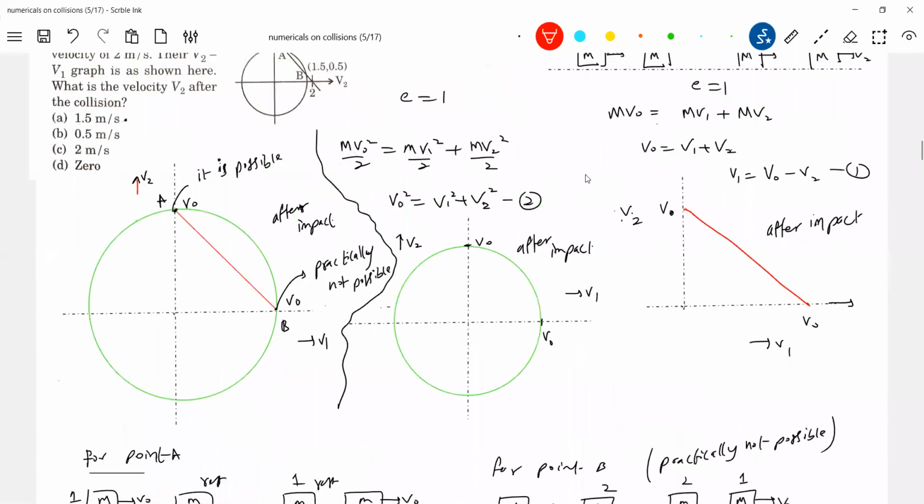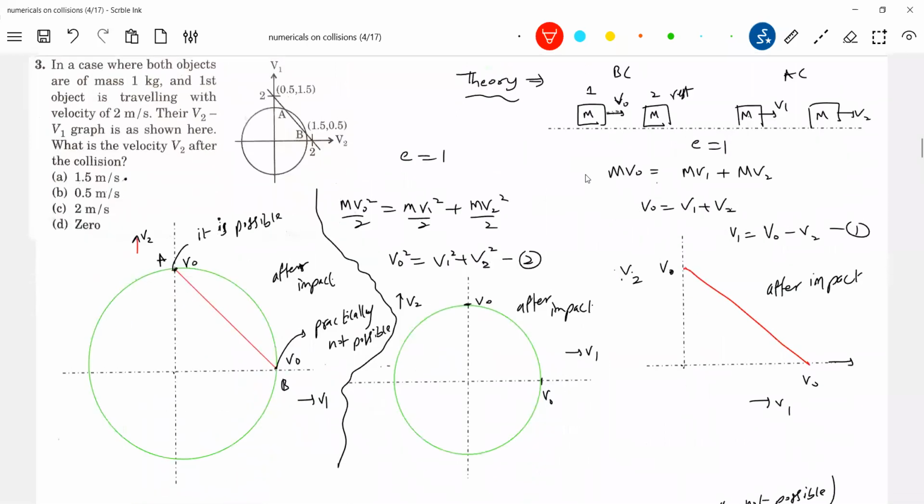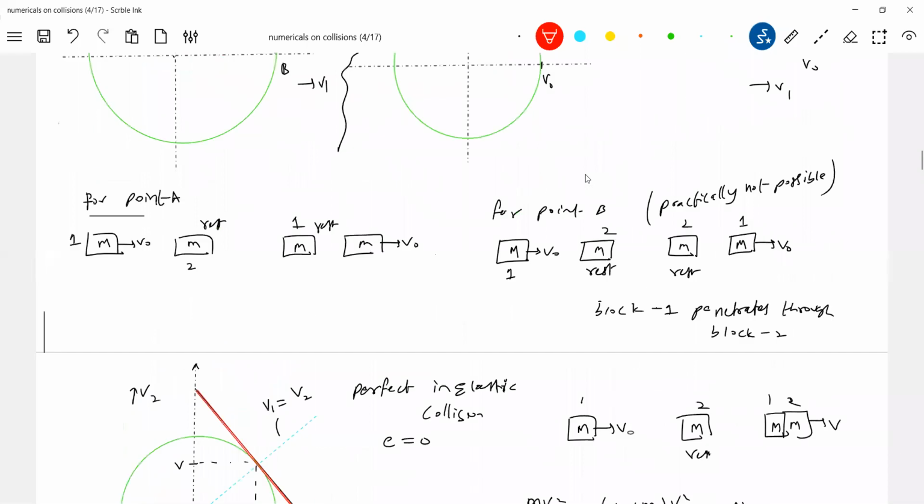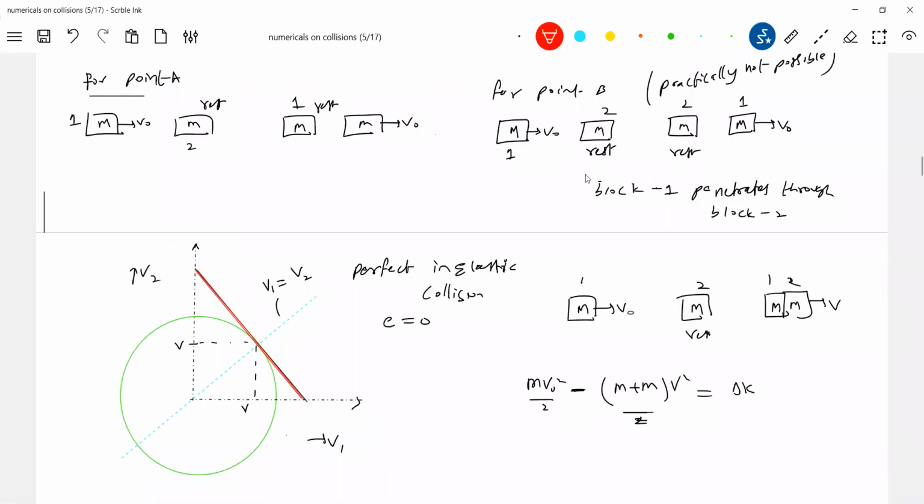Now let's come to the question. In case where both the objects are of mass 1 kg and first object is traveling with velocity of 2 meters per second, the V2, V1 graph is as shown. Here, can you write this as V naught? Anybody? Is it possible?